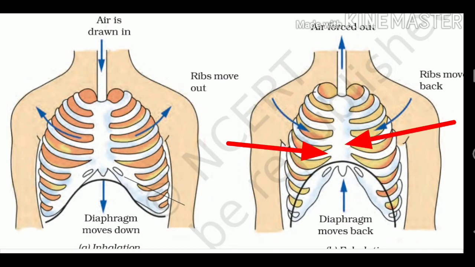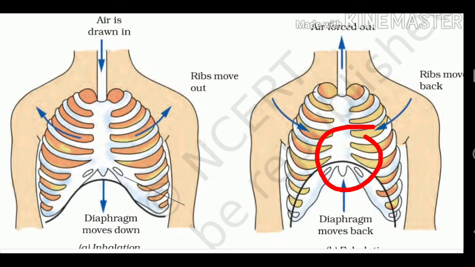So what happens inside the chest cavity? The air pressure increases and the volume of the chest cavity, that is the space, decreases, so that the air is expelled out through the lungs by the nostrils. That happens during exhalation.